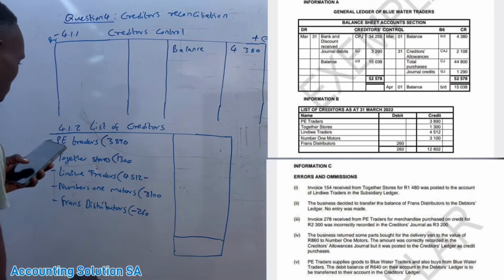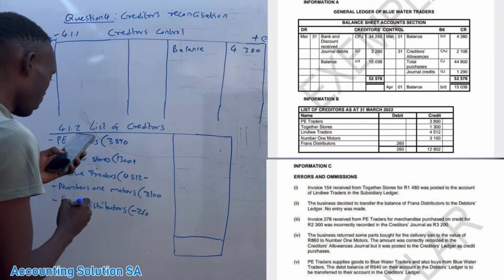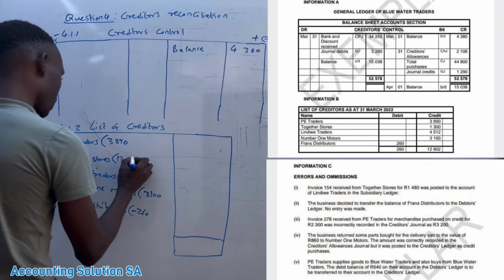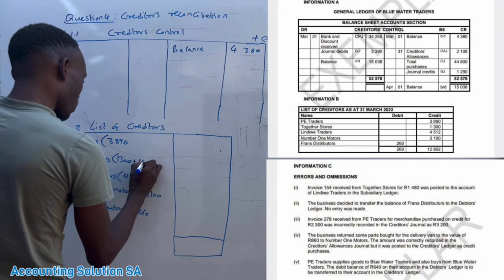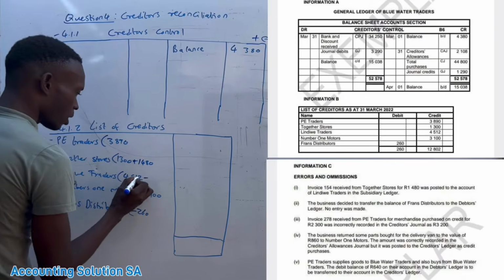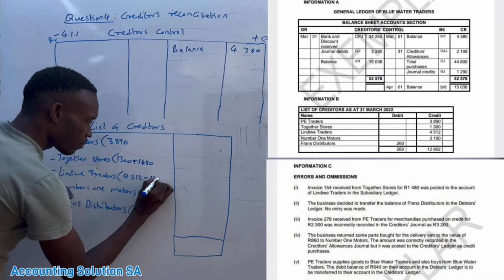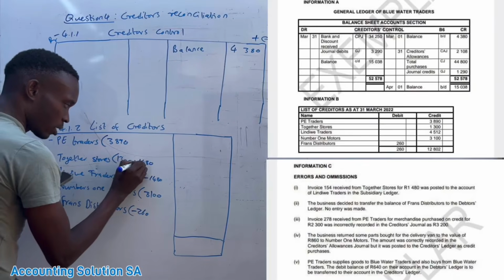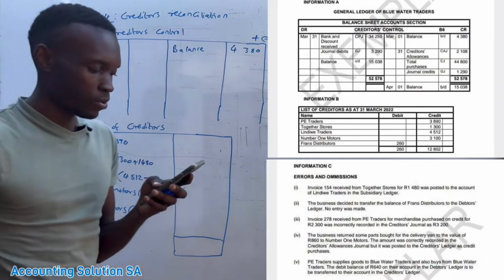To Together Store. The amount is 1,480. In other words, we are subtracting it here because it does not belong here, but we add it here because it belongs here. Just like that. Very simple.